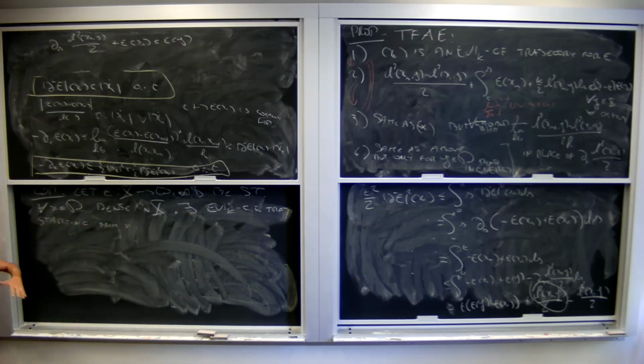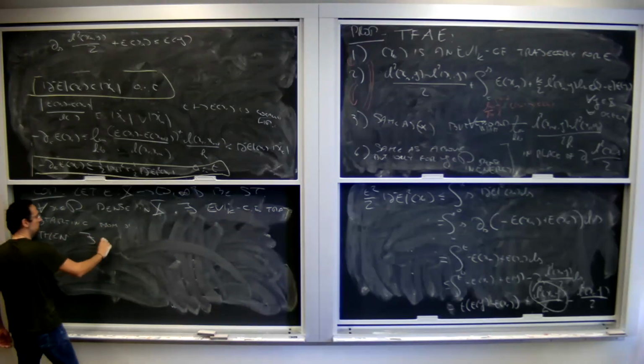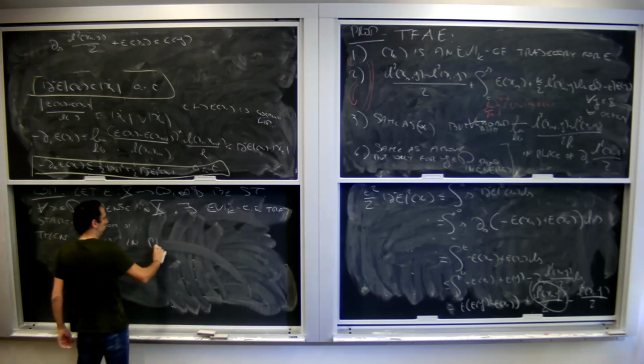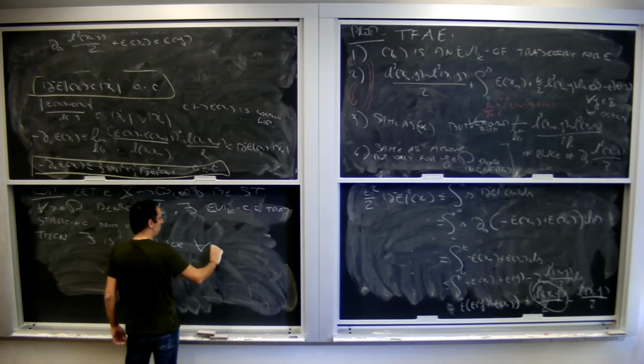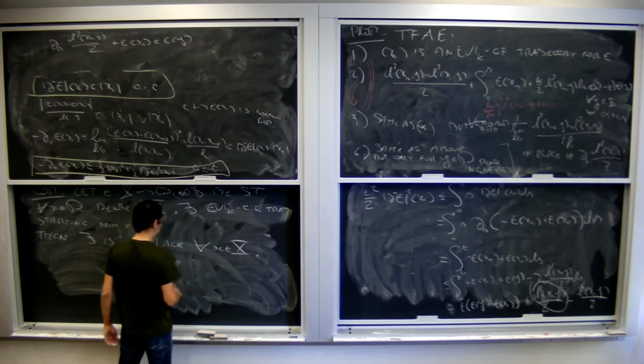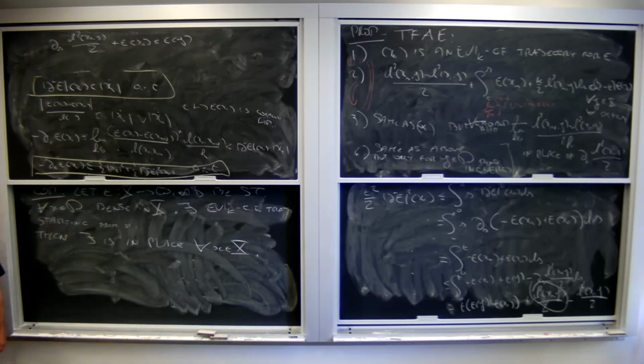So assume you have existence of EVI k gradient flow trajectories not for any initial point in the space, but just on a dense set. Well, then existence is in place for every initial point.